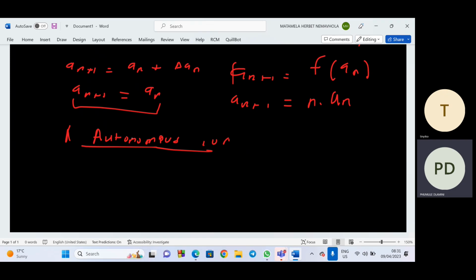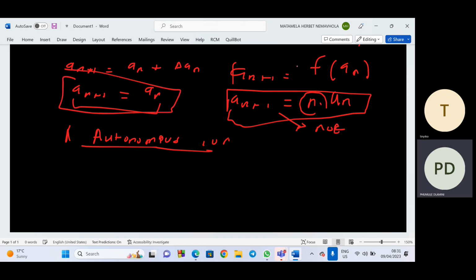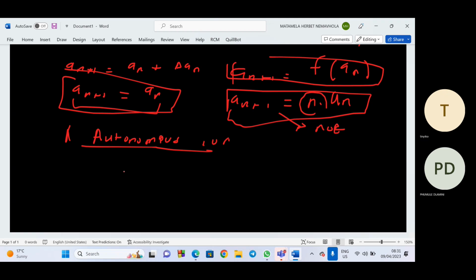An autonomous equation is one that is not multiplied by n, where n does not appear in the equation. If you find such an equation, it is autonomous. But if the equation is multiplied by n, it's non-autonomous. Every time the equation is multiplied by n, it's non-autonomous.